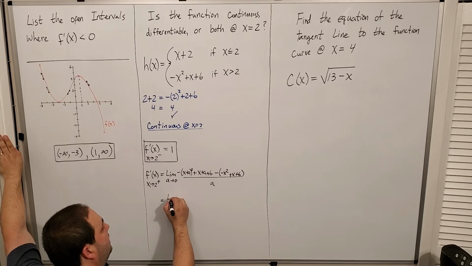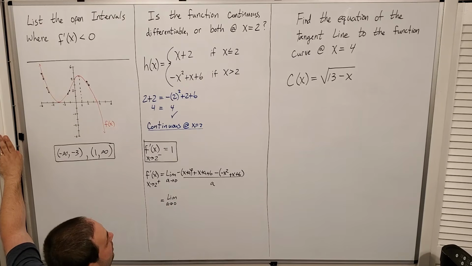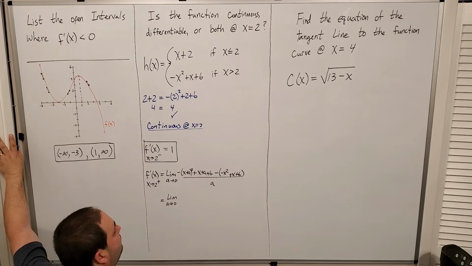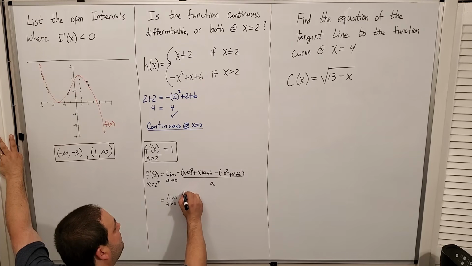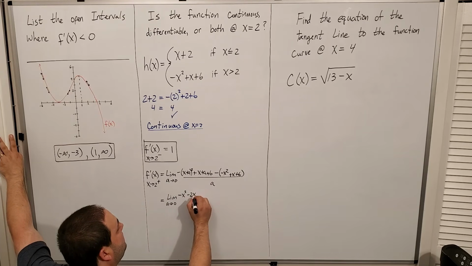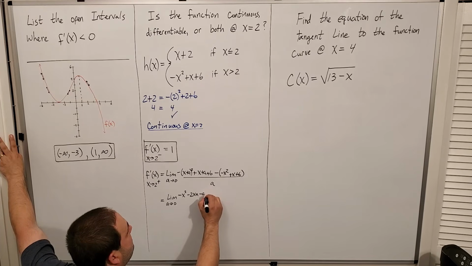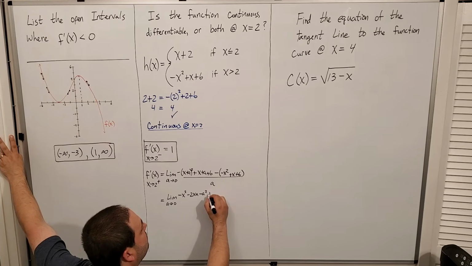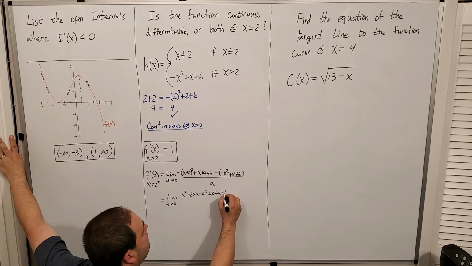So then that's going to be the limit as a goes to 0 of, I'm going to FOIL this out and distribute the negative. That's going to be negative x squared minus 2xa minus a squared. Nothing else to distribute here or here, so plus x plus a plus 6.